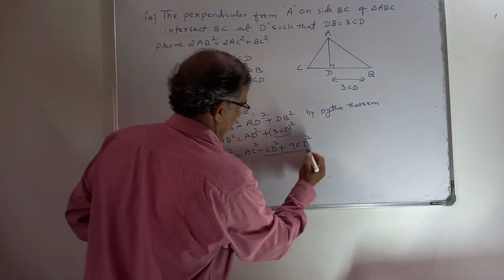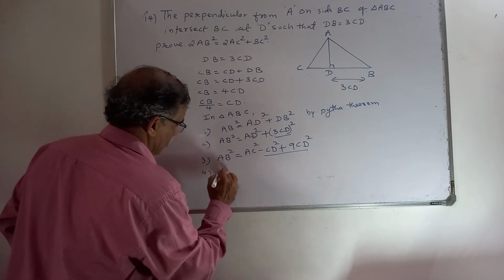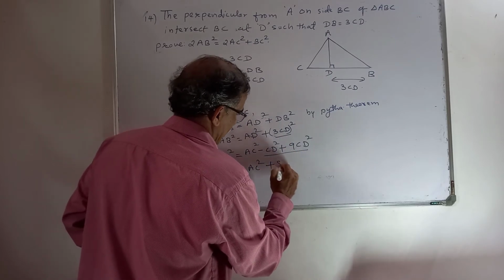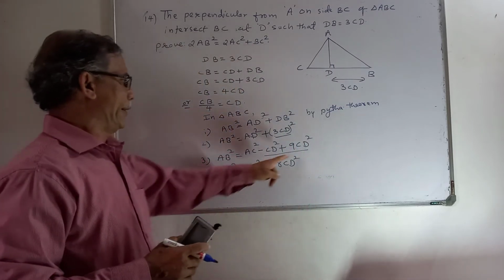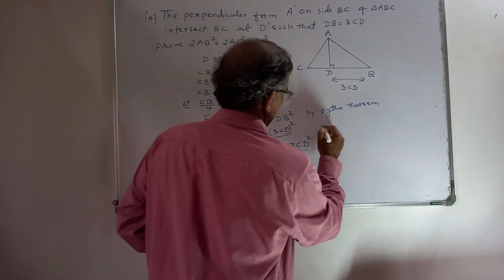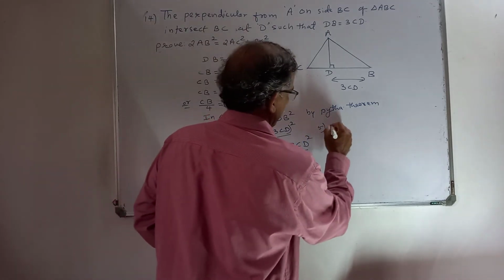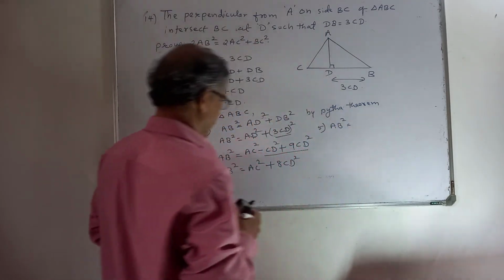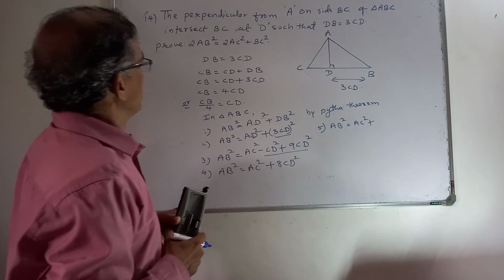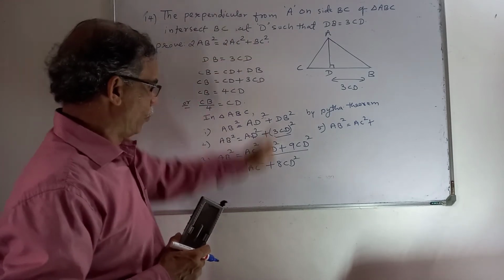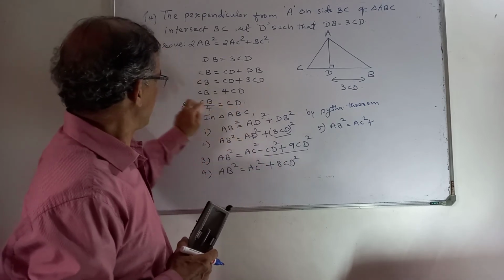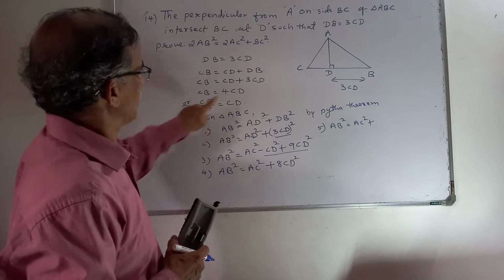So now these are two like terms. We can add them. AB square is equal to AC square plus 8CD square, because 9 minus 1 is 8. Now we don't want CD. CD means CB by 4, the relation we obtained at the beginning.